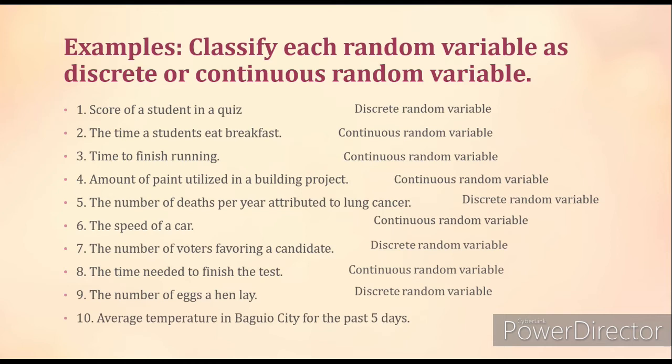Last number, the average temperature in Baguio City for the past 5 days. If your answer is continuous random variable, you got it correct. So, in this activity, you're able to identify and distinguish a discrete random variable and a continuous random variable.